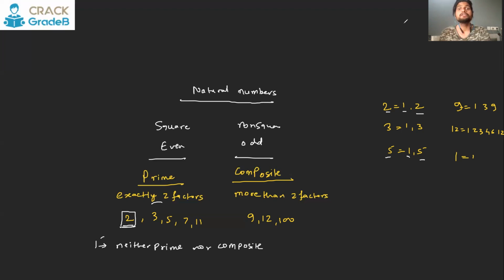So that means you must know, at least up to 100, all the prime numbers. So please Google it or manually start writing the list. Up to 50, you should know there are 15 prime numbers, and up to 100, there are 25 prime numbers.